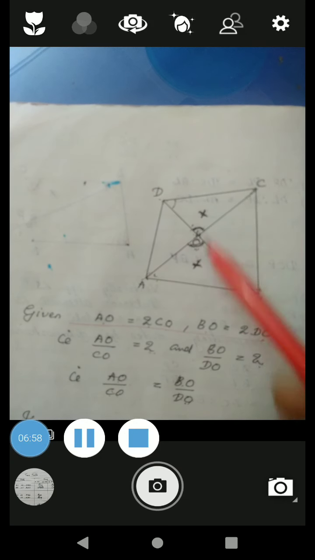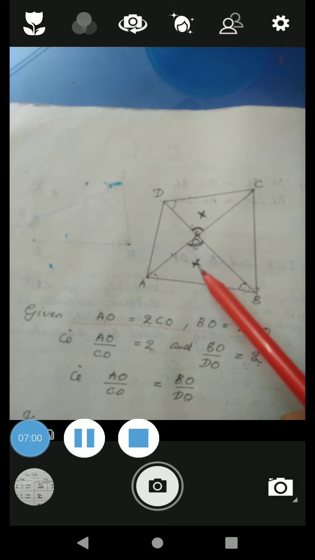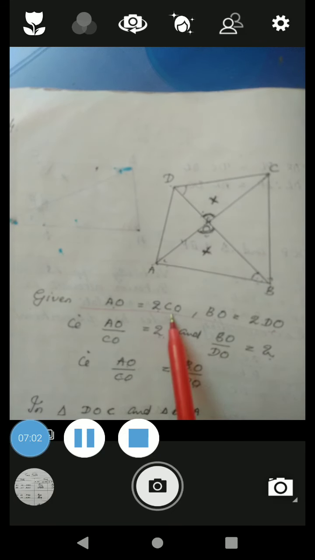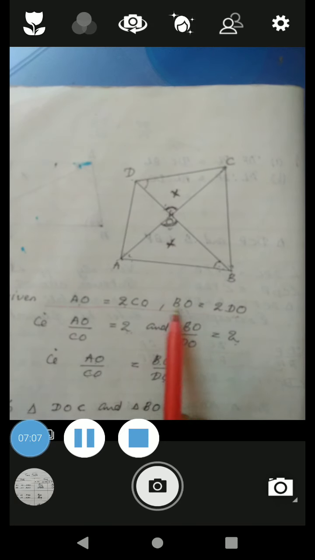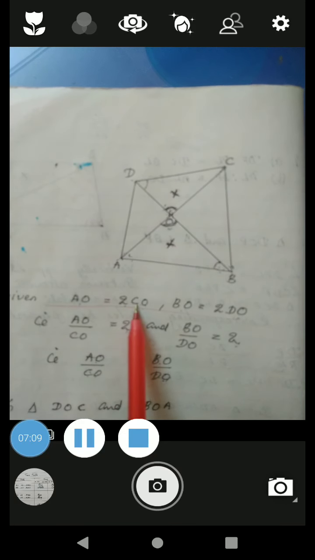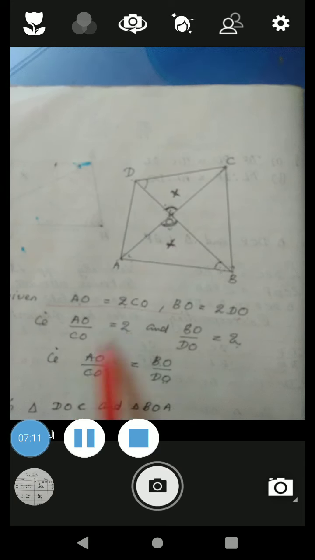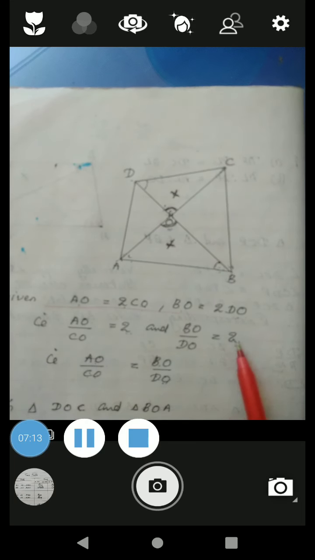First we can consider these two triangles. What is given here? It is given AO equal to 2CO, BO equal to 2DO. From this statement, we can write AO by CO, transposing CO to the left side, AO by CO is equal to 2, BO by DO is equal to 2. From here, we can write AO by CO is equal to BO by DO.